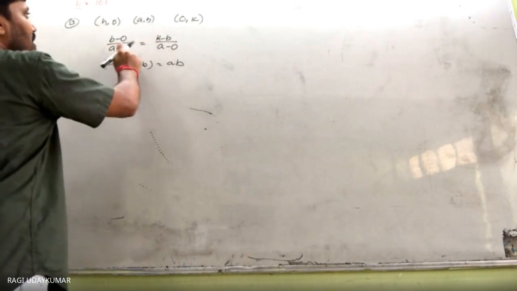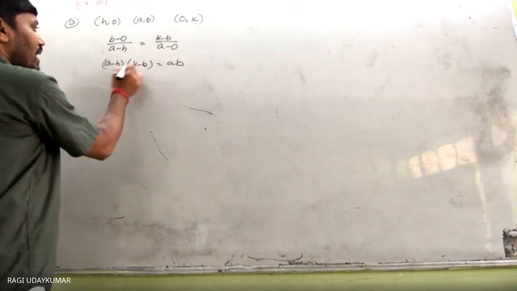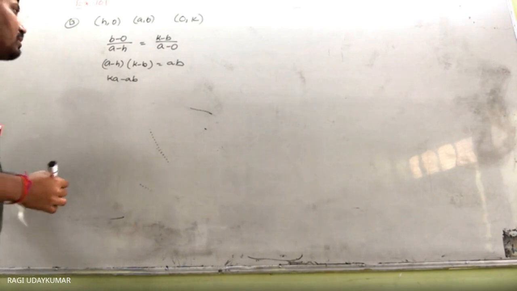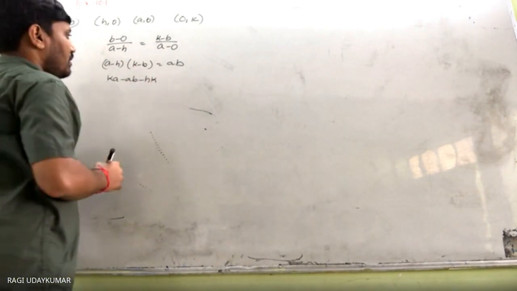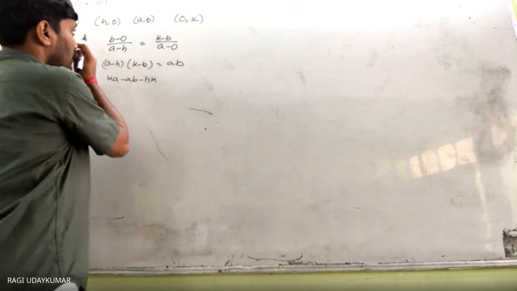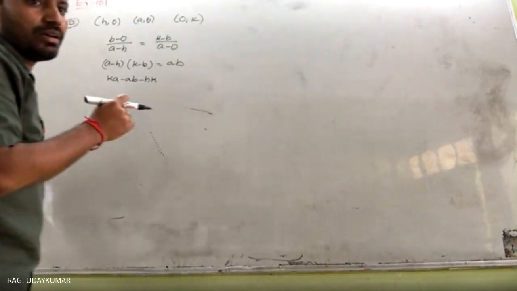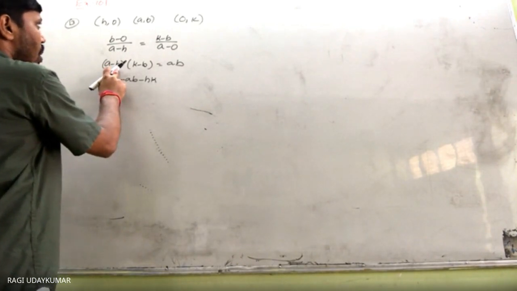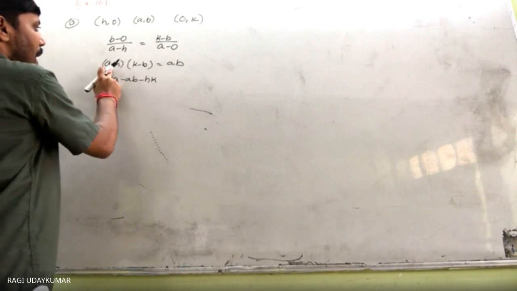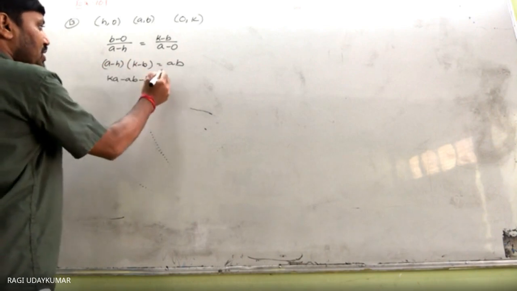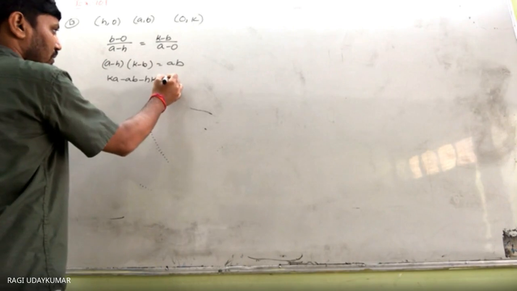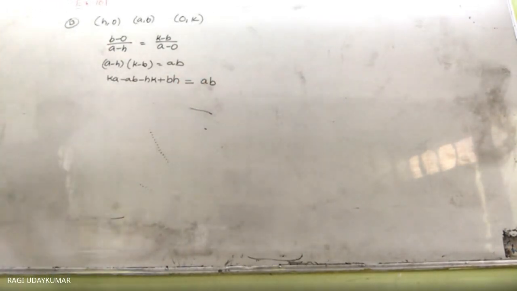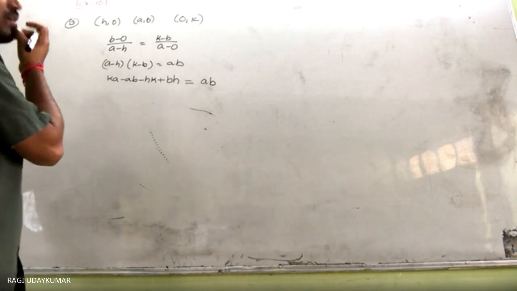So ak minus ab minus hk plus bh is equal to ab. Sorry, what?